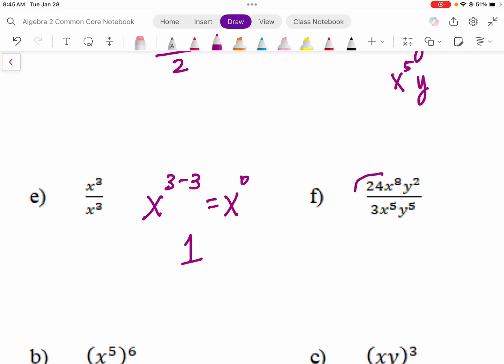Okay, so 24 divided by 3, that's going to be 8 on top. I have x to the 8th divided by x to the 5th. 8 minus 5 is 3. I'm going to put x to the 3 on top. And then this one, I have 2 minus 5.